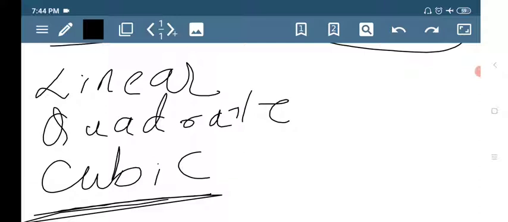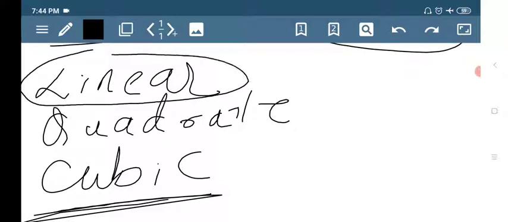Okay. So now in equations, for your syllabus, we have linear equations.